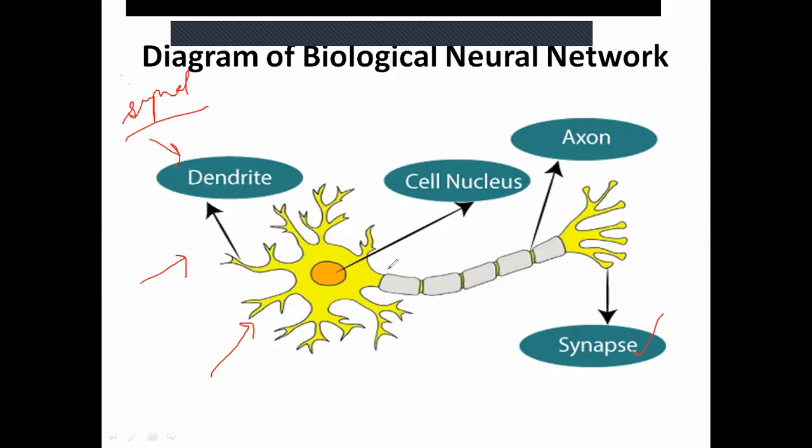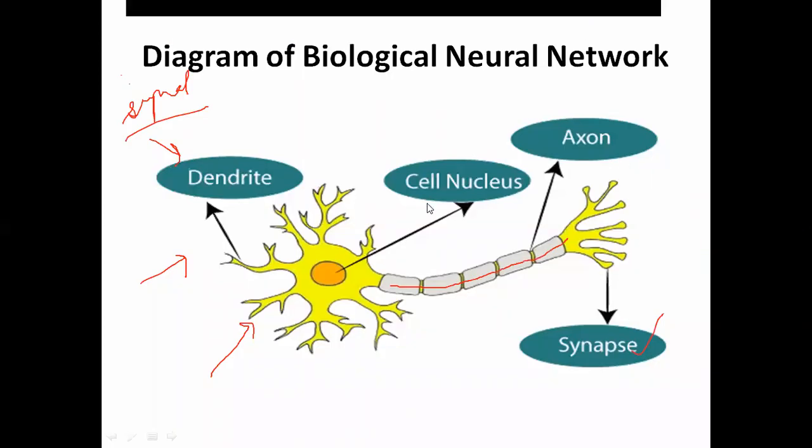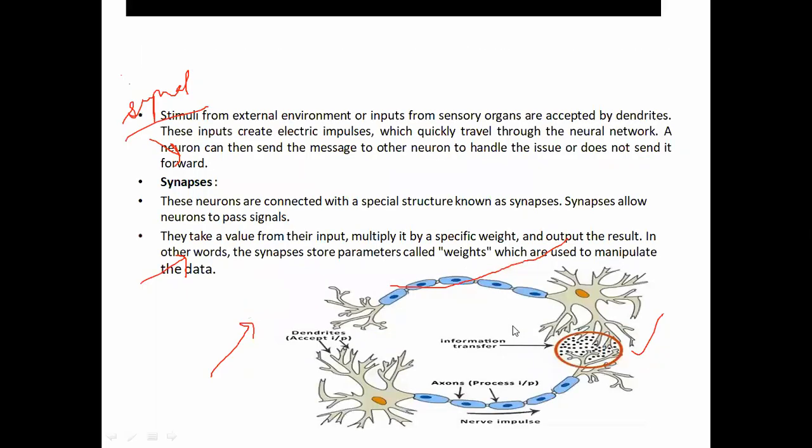Through the cell body, the information now passes. This is your axon. The information will be processed and passed through this axon to these terminals. After this terminal, in our brain, there is some space. I'll show you in the next diagram. When information is passed from the axon to the axon terminal, after the axon terminal it will go to the synapses.